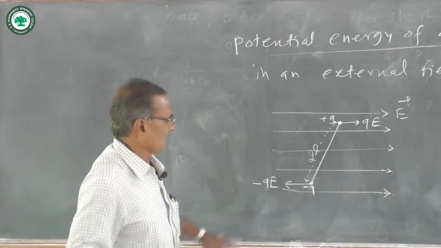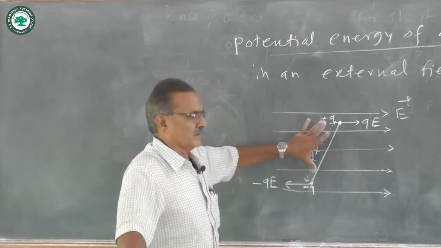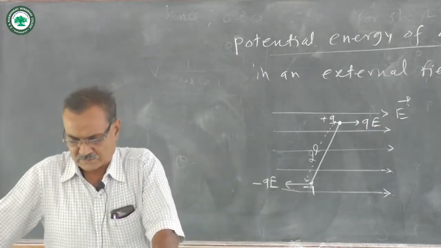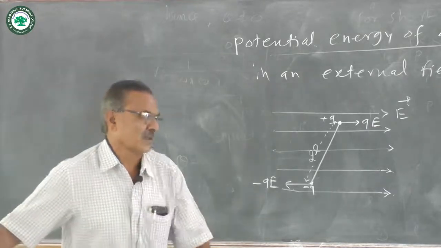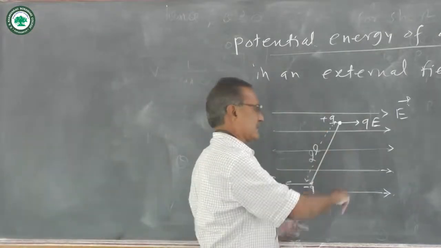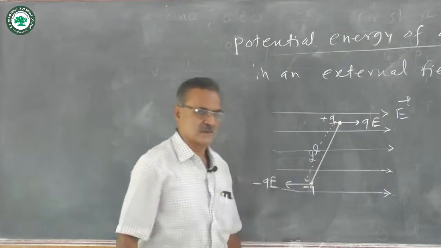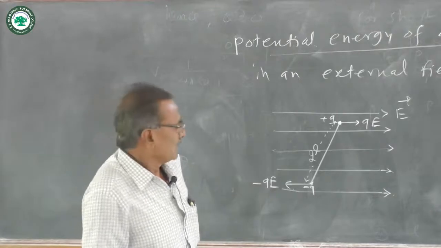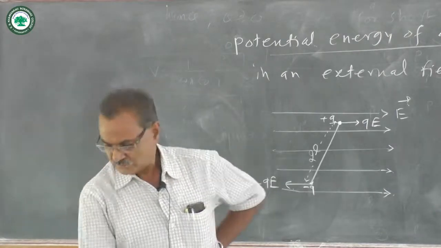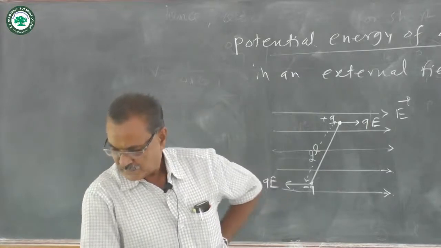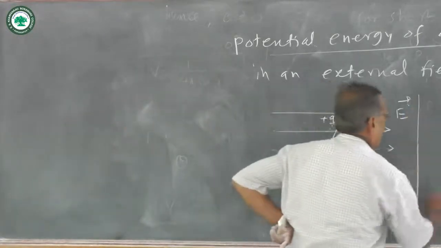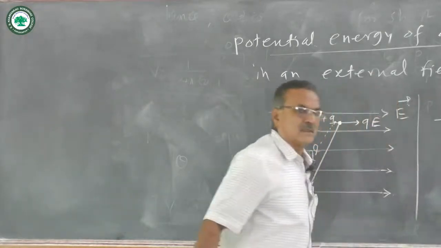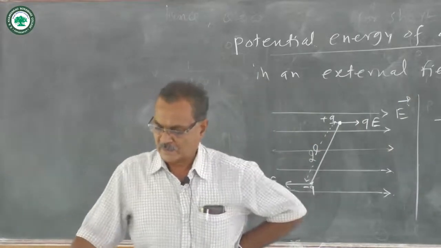Due to an external electric field, it experiences a torque. Torque means two equal and opposite forces form a torque. So, using the formula, we can write torque equals electric dipole moment and electric intensity.